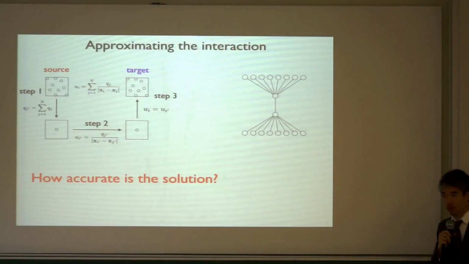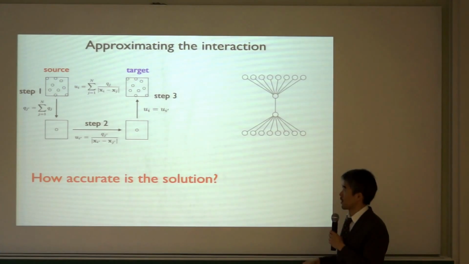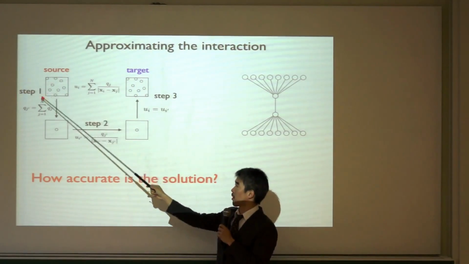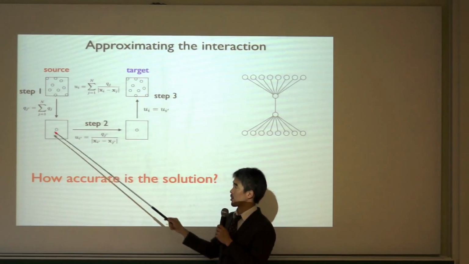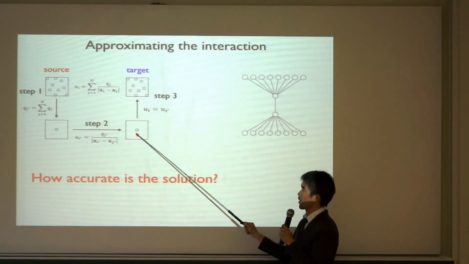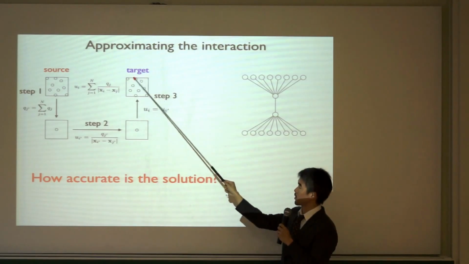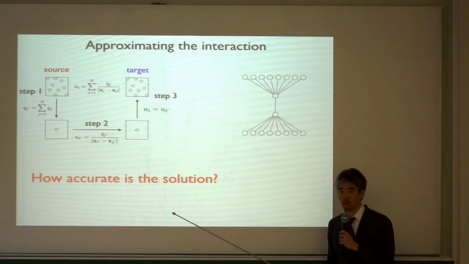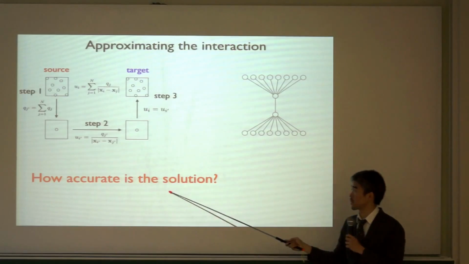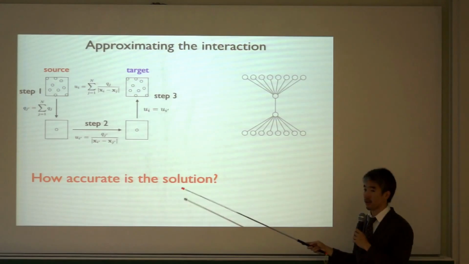So just to review, let's start again with this very simple version where you have two distant points in the box, and you gather everything, you sum everything to the center, you calculate its potential on a center point here, and then you assume that everything is equal. So the question we didn't ask this morning in the first lecture was, how accurate is the solution when we do this? So how can we make this more accurate?